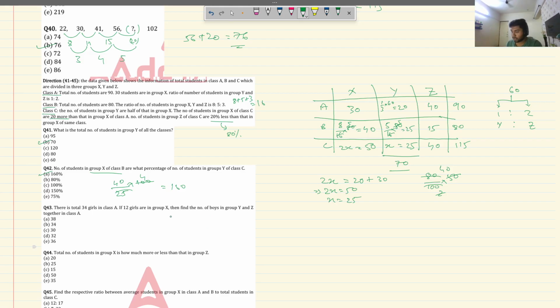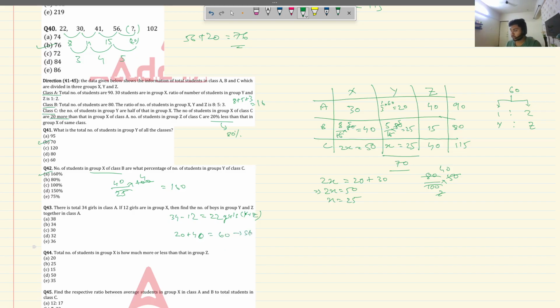So there are total 34 girls in class A and only 12 girls are in group X. So the number of girls in Y and Z combined would be total minus number of girls in group X. That gives me 22 girls in Y plus Z combined, and total number of students in Y plus Z is 20 plus 40, that is 60.